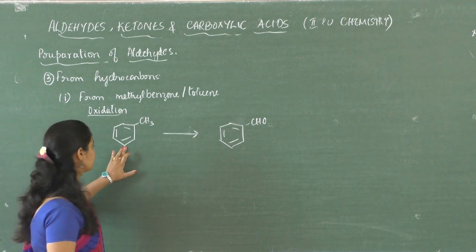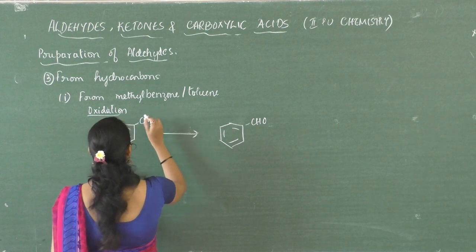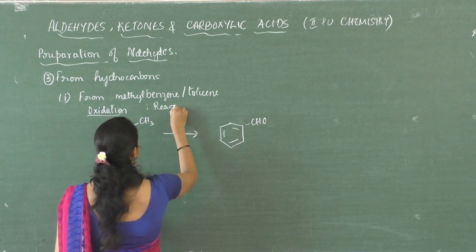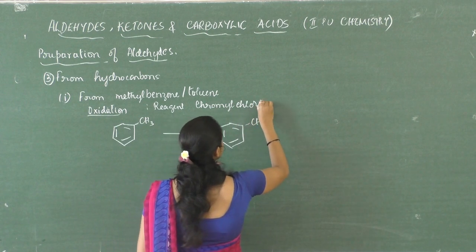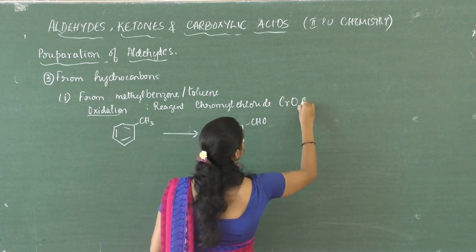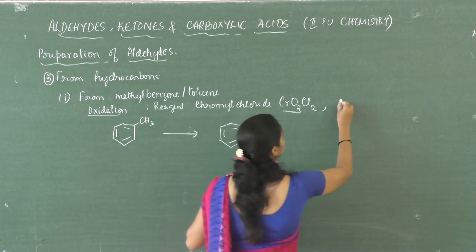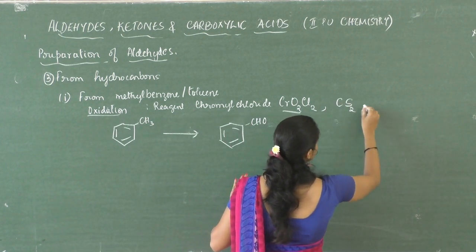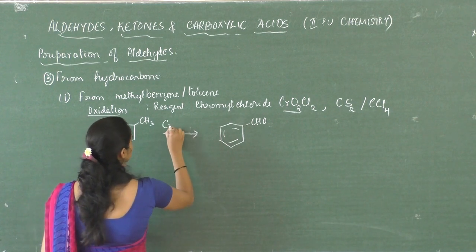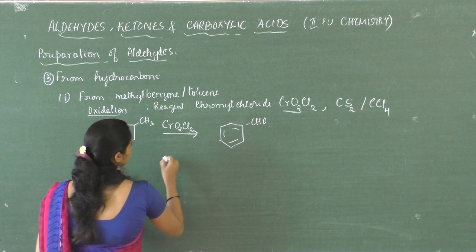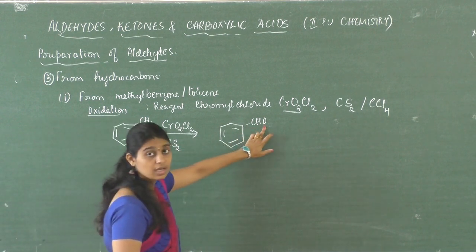So when toluene is subjected to oxidation by using a reagent called chromyl chloride, CrO2Cl2, in a non-polar solvent like carbon disulfide, or you can also use carbon tetrachloride, oxidation occurs so as to give the aldehyde group.